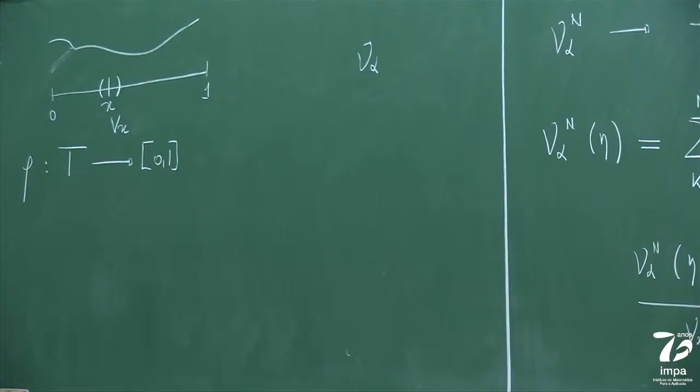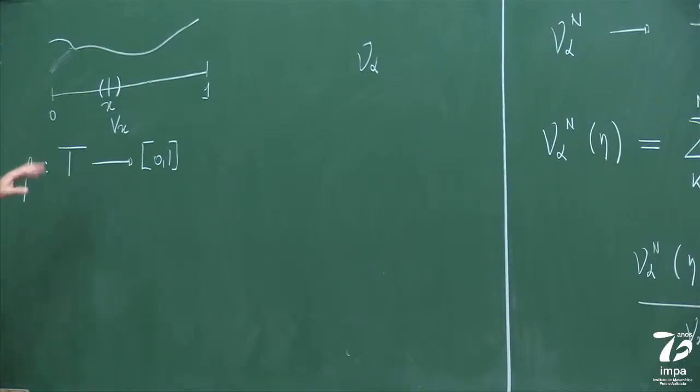So it should be very, very small, but sufficiently large to contain many sites. So it's something between 1 and 1 over n. Okay? 1, it's the total size. 1 over n, it's the size, the length of these intervals. So it's something between 1 and 1 over n, 1 over square root of n.